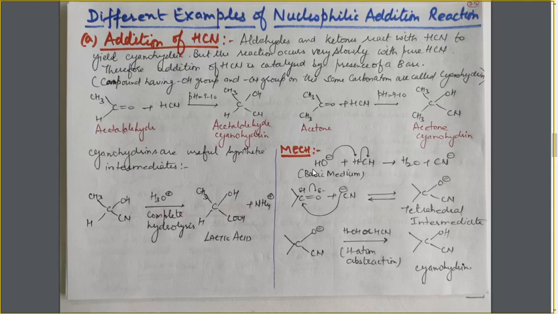So the basic medium helps in increasing the dissociation of this weak acid, leading to a greater concentration of CN negative ion. Then the CN negative ion, with the negative charge on the carbon atom, will attack the carbonyl carbon, and because of this, the electrons of the pi bond will shift to the oxygen atom.